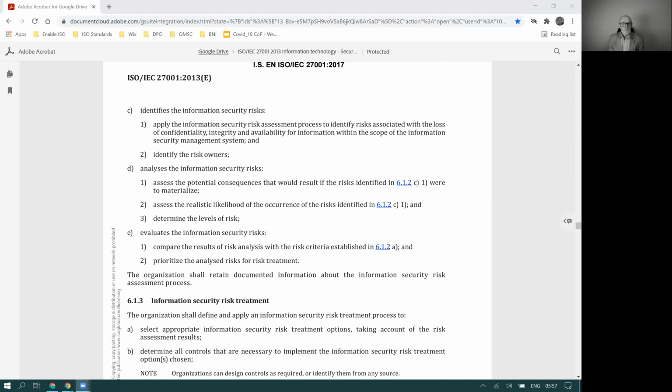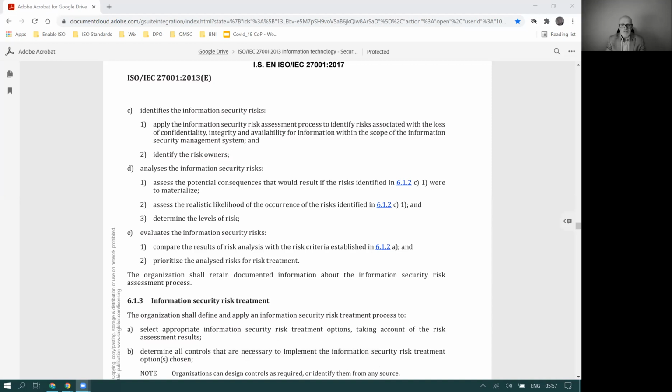Continuing on to point C of 6.1.2, information security risk assessments. The organisation is required to have a risk assessment process that identifies the information security risks as follows. 1, apply the information security risk assessment process to identify risks associated with the loss of confidentiality, integrity, and availability for information within the scope of the information security management system.